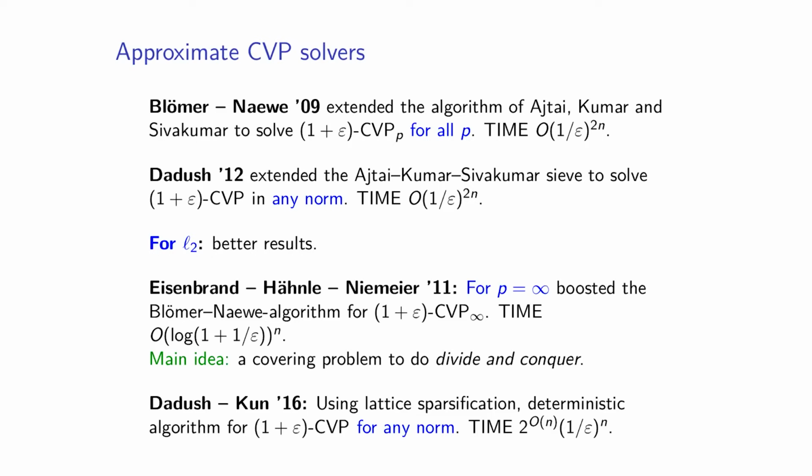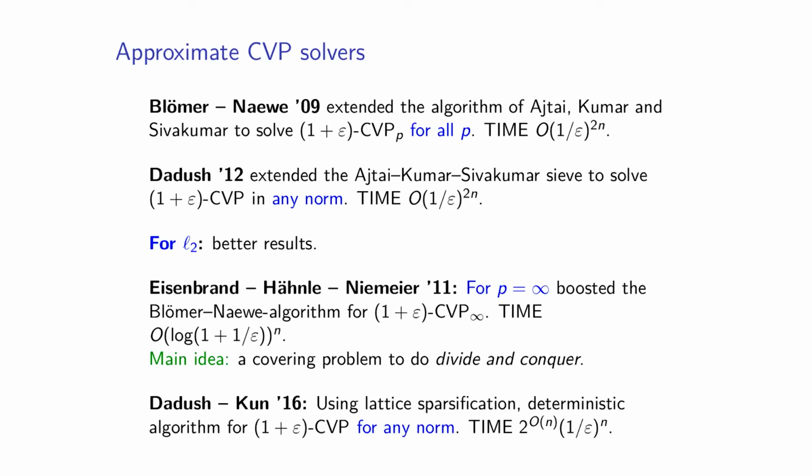One more thing, the best general result so far is by Dadush and Kun, where, coming from a really different direction with a very different approach, they gave an approximate CVP solver for any norm, and now their running time is (1/epsilon)^n.